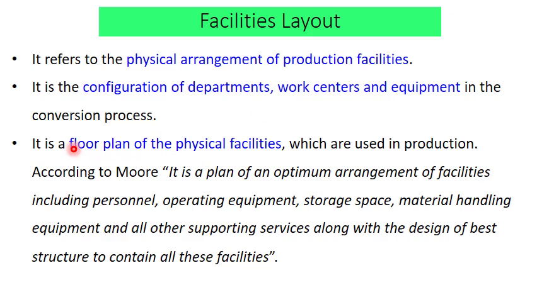Or we can define it as a floor plan of physical facilities which are used in the production process. According to Moore, it is a plan of an optimum arrangement of facility. An optimum facility, that means no better facility can be obtained, including personnel, operating equipment, storage space, material handling equipment, and all other supporting services, along with the design of the best structure to contain all these facilities.